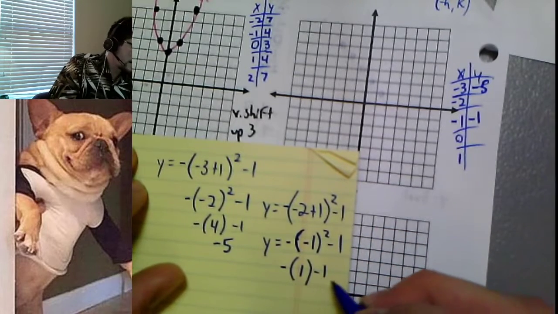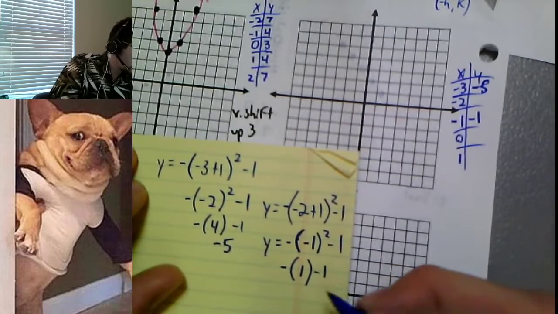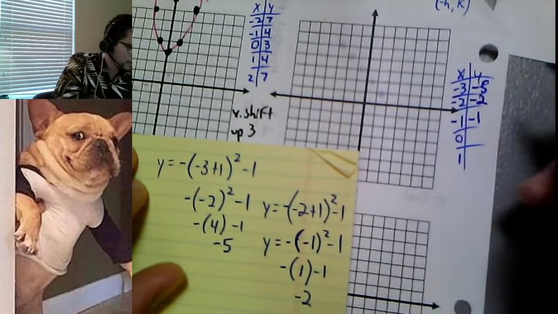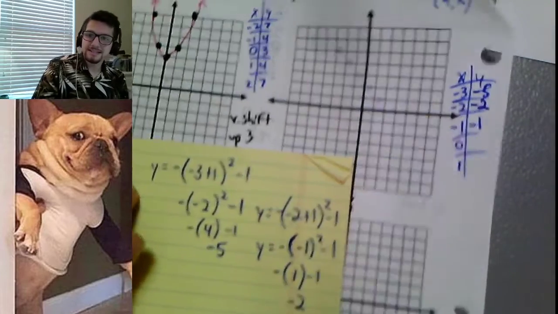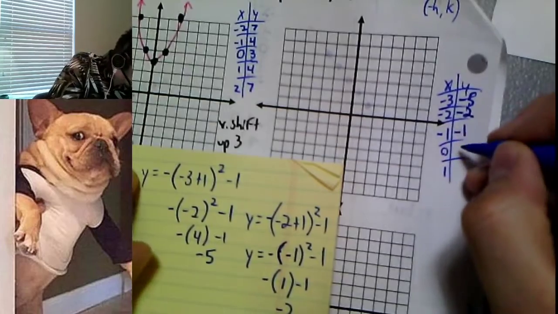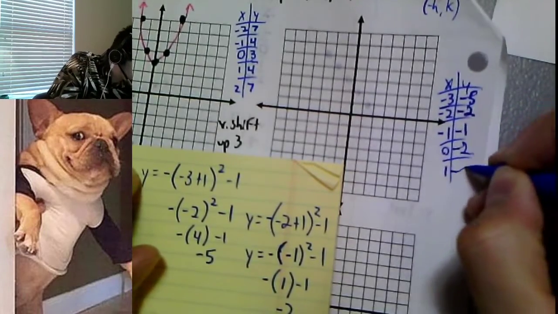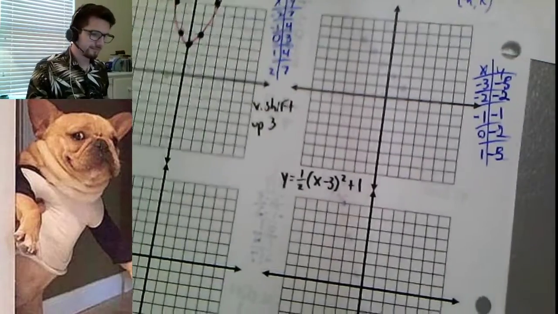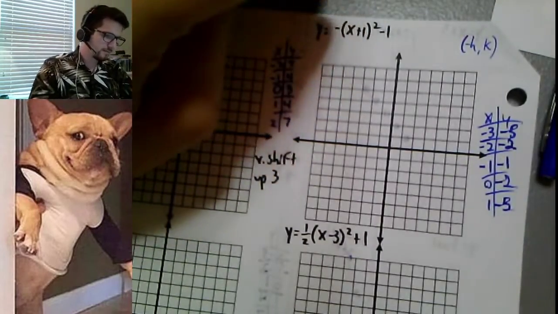That's negative 1 minus 1, and those are two negatives combined, so I get negative 2. Since this is symmetrical, I should have the same numbers on this side that I do on this side, so I'm just going to copy them over, negative 2 and negative 5. That's the advantage of having the vertex.